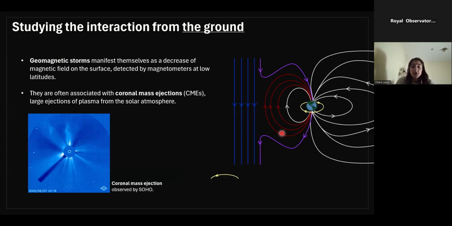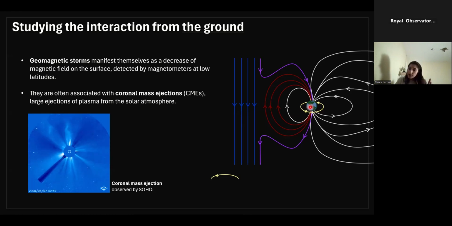Geomagnetic storms are caused by the intensification of one of the current systems I mentioned earlier, and they manifest themselves as a decrease of the magnetic field that we measure on the ground, especially at low latitudes. They're caused by long periods of southward IMF, so at least a few hours.